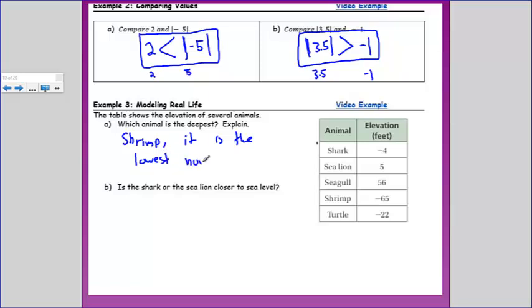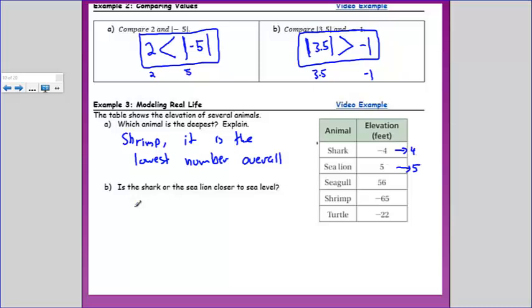We had done this in a previous section. That question doesn't really have much to do with absolute value. But the part B does. Is the shark or the sea lion closer to sea level? The shark, while at -4, is 4 feet away from sea level. The sea lion, while above water, is 5 feet away from sea level.